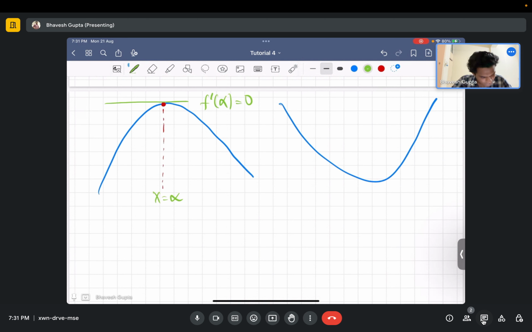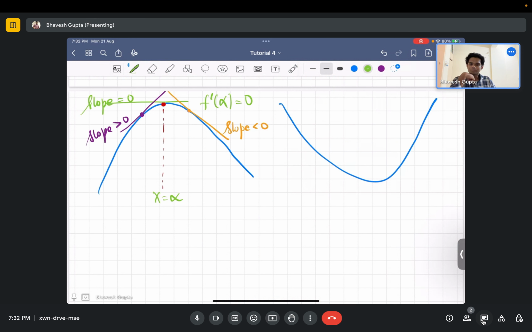But we see the slope just left of this point is different, and if I calculate the slope just right of this point, you can see in this case the slope is negative, and in this case my slope is positive. But over here, the green one, the slope is 0.